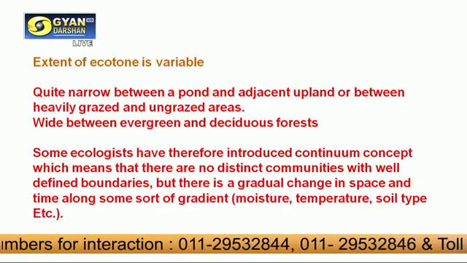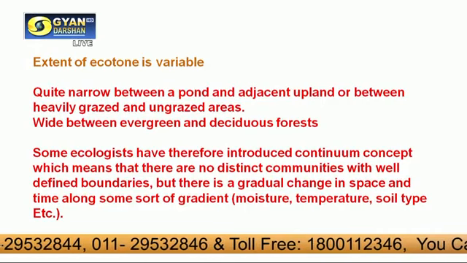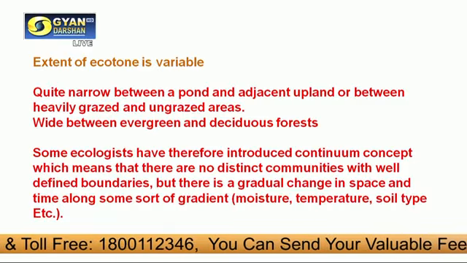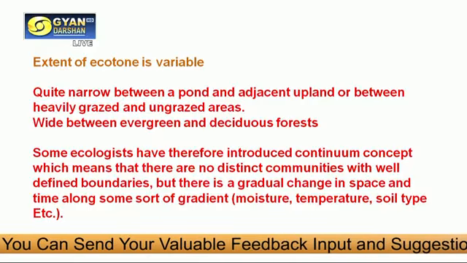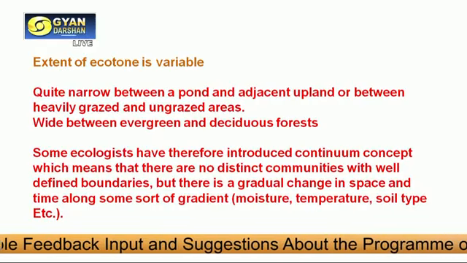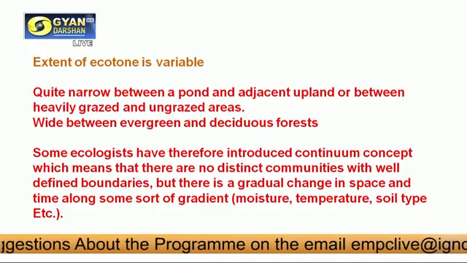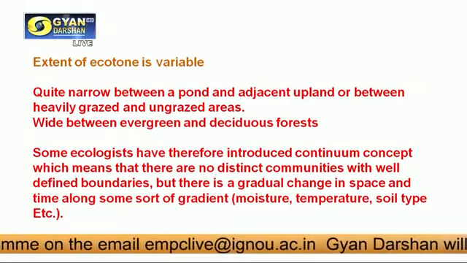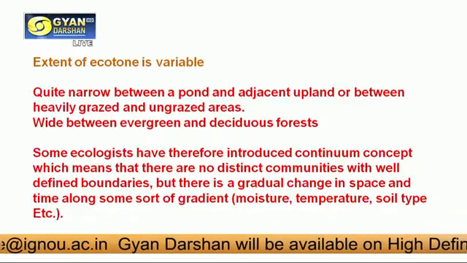Now, the extent of ecotone is variable. If somebody asks you whether the ecotone is narrow or broad, whether it is wide or narrow, it can be both actually. When you are talking about ecotone between a pond and an adjacent upland, or heavily grazed and ungrazed areas, the ecotone is narrow.